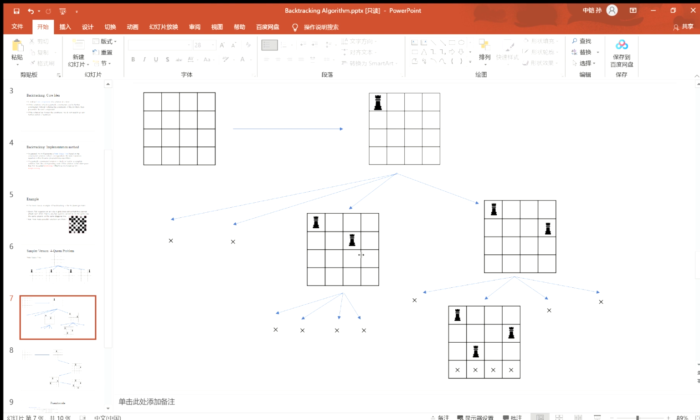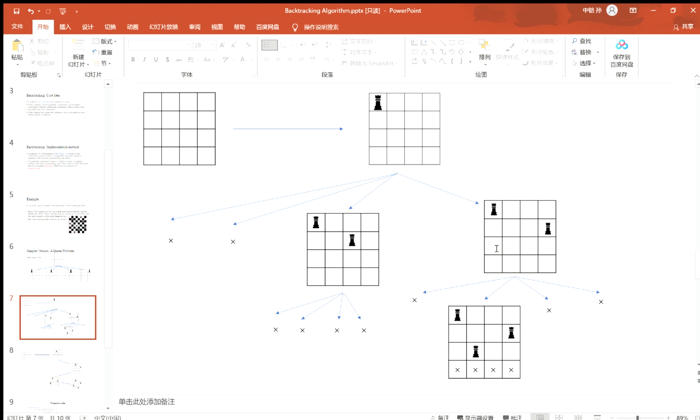For these 2 choices, we will go further, and we choose this choice as our current partial solution. We will put the third queen on the third row. It also has 4 choices, here, here, here, and here.